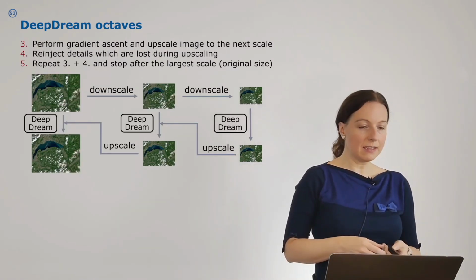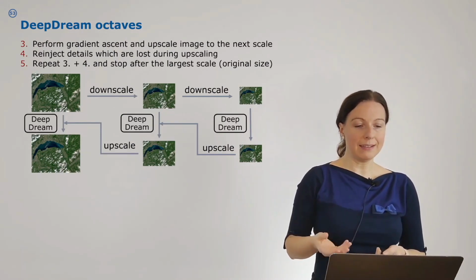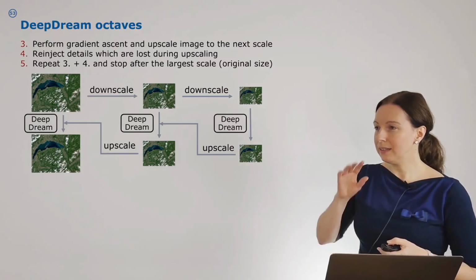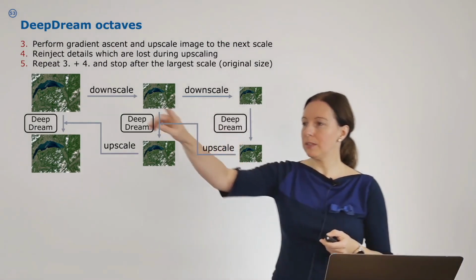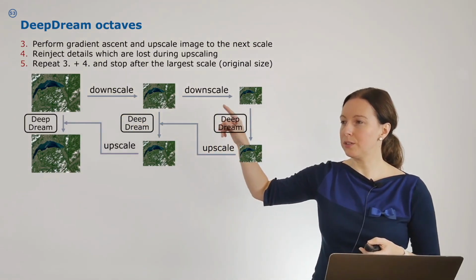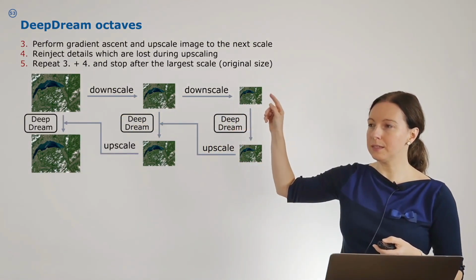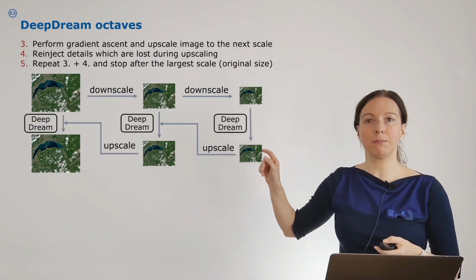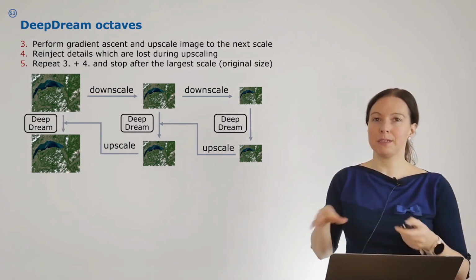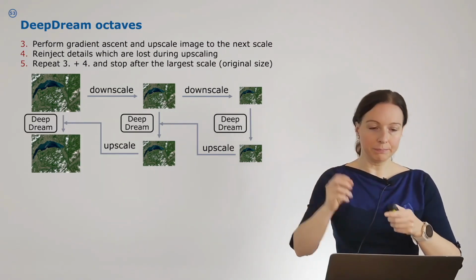In the next step you perform gradient ascent and you upscale the image to the next scale. Here the whole algorithm is illustrated. First you downscale, and you start with this image and you apply the deep dream algorithm. That means you perform activation maximization for the whole layer.